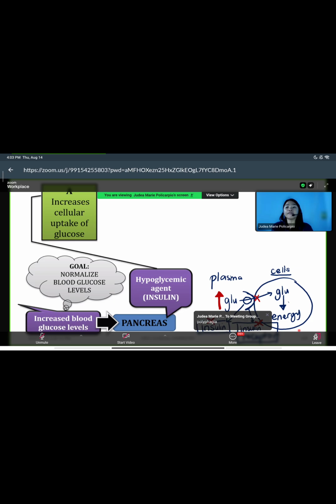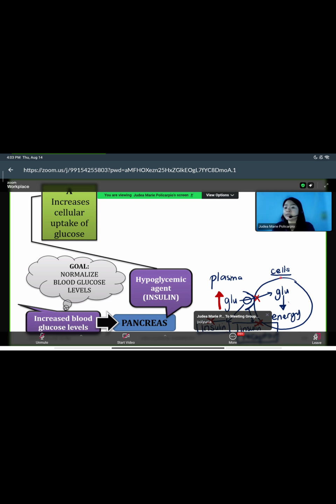Una, we have the polyphagia, wherein kain si pasyente. Apart from that, meron din tayong tinatawag na polydipsia, wherein inom ng fluid, ng liquid, ng water si pasyente. And syempre, since inom siya ng inom ng tubig, expect that there would always be the third letter P, the polyuria. Okay, ihi naman sila na ihi.